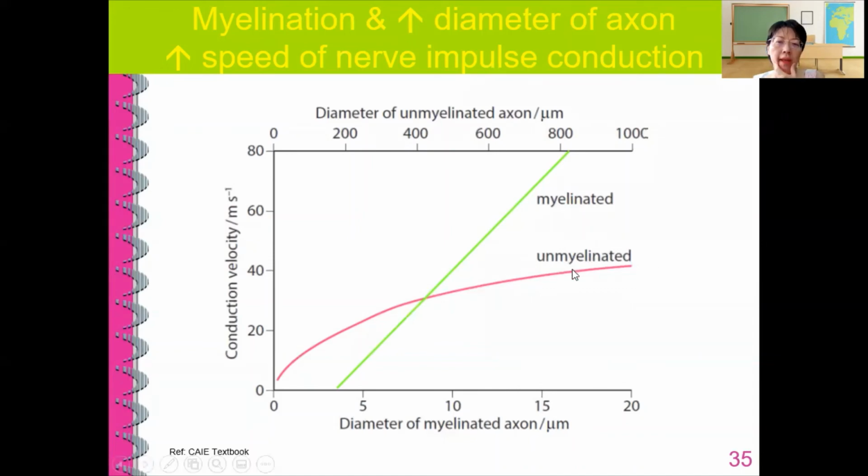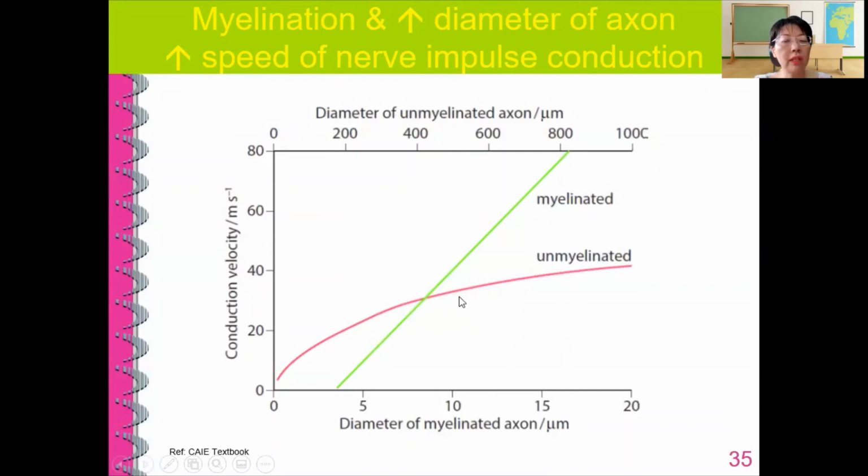You see, for unmyelinated neuron, when the diameter is less than 400 for unmyelinated neuron, the speed of conduction is actually faster than myelinated neuron. So that means to say there's an advantage to have unmyelinated neuron when the unmyelinated neuron is very small. Then it's able to conduct the action potential faster when it's very small.